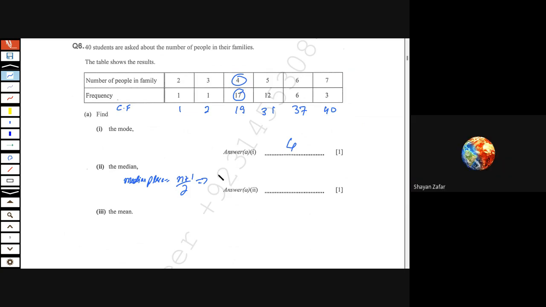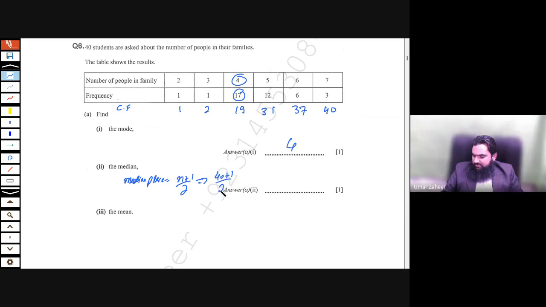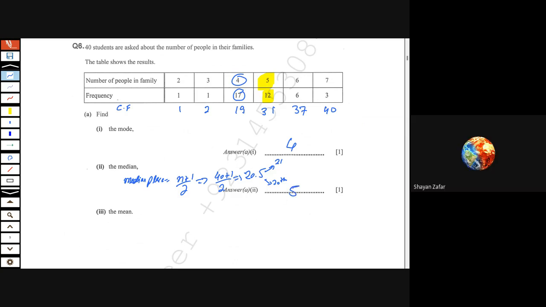The total frequency is 40, so 40 plus 1 divided by 2 will be 20.5. That means the average of the 20th value and the 21st value. Look at here, the 20th and 21st values are going to be here. So the median will be 5. Okay.